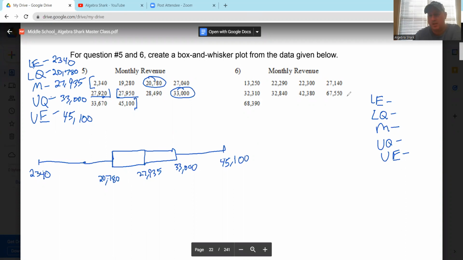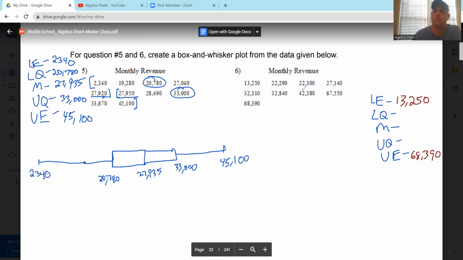There we go. So for the next one, the lower extreme is going to be 13,250. And then our upper extreme, 68,390.